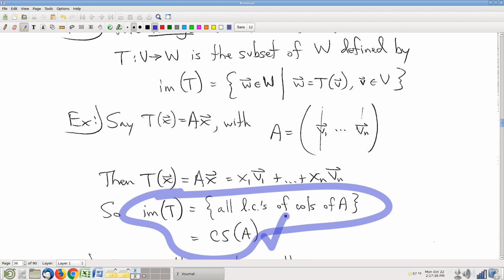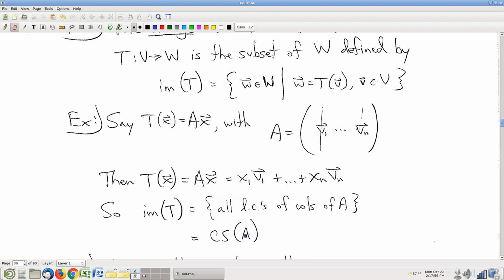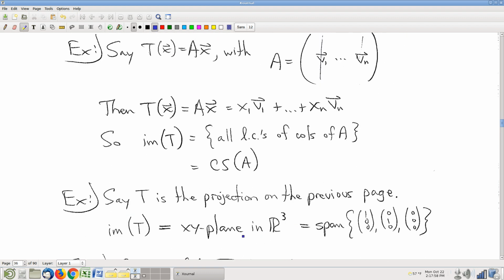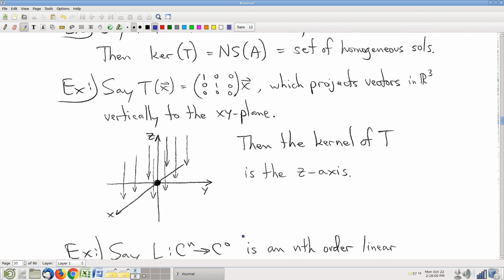Right? This is all very natural. If you want to take a matrix, it's very natural to view it as a function. It's very natural to want to talk about the collection of all outputs from that function. It's extremely natural. That's what the column space is. So, kind of ties up a little bit of a loose end for us. That's nice.